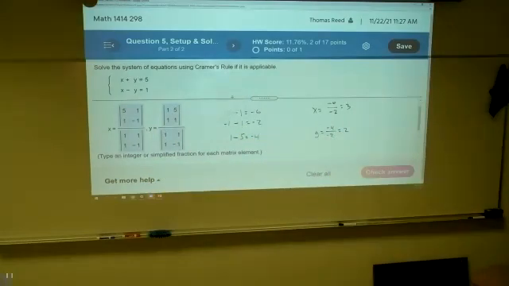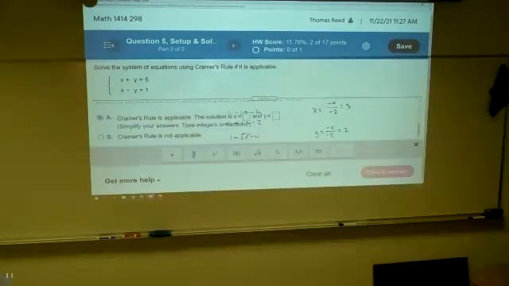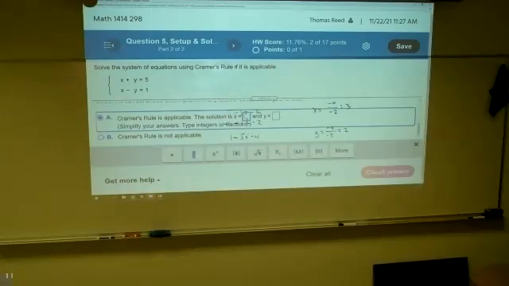So I scroll back down and I tell the silly program that x is 3. X is 3 and y is 2.